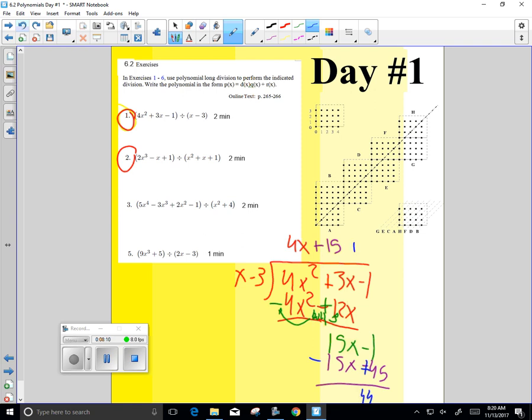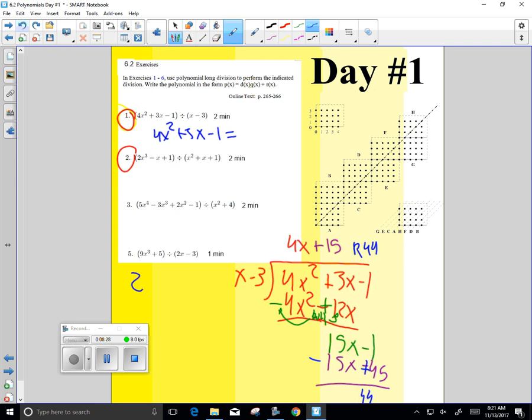Now, here's the part I want you to deal with. This is actually the hardest part of this. This part is kind of easy. What is the answer for this? 4x squared plus 3x minus 1. What is that even equal to? So let's do this first.